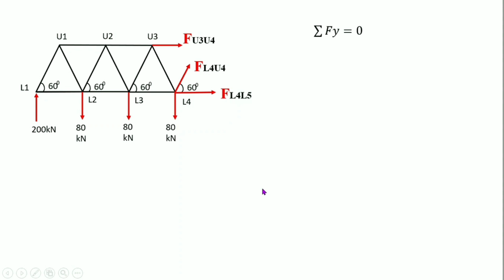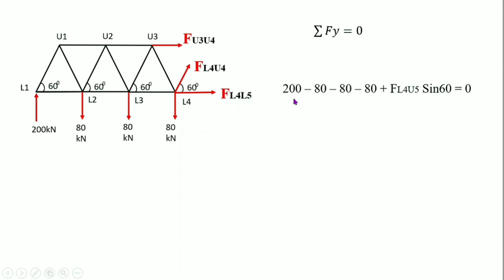Let's take sigma Fy is equal to 0. That is, total vertical force is equal to 0. The vertical forces are 200 kilonewton in upward direction, the three 80 kilonewton forces and FL4U5 sin 60 degree.